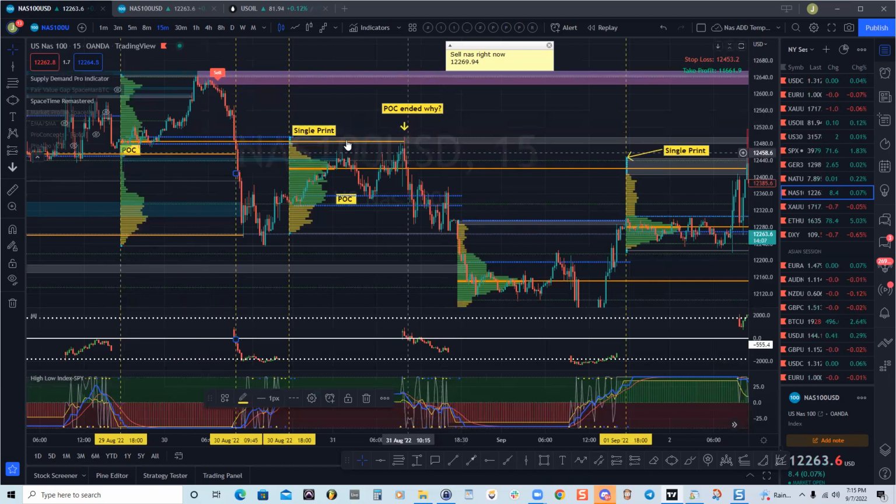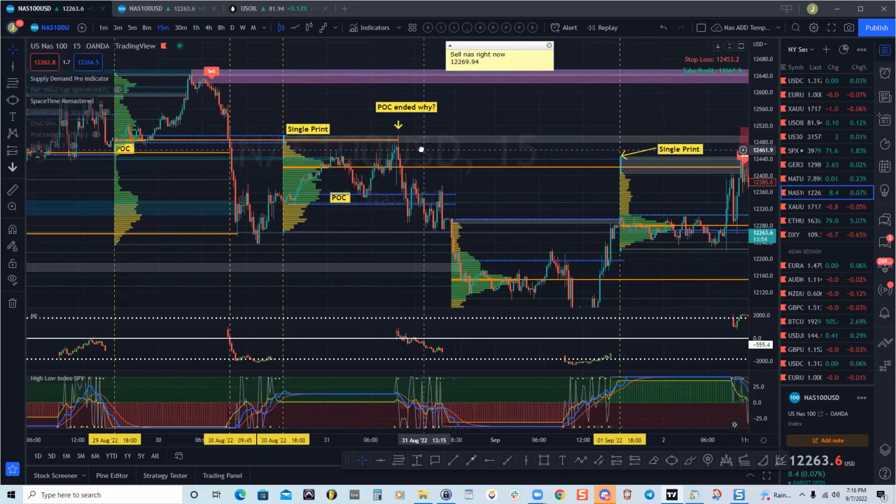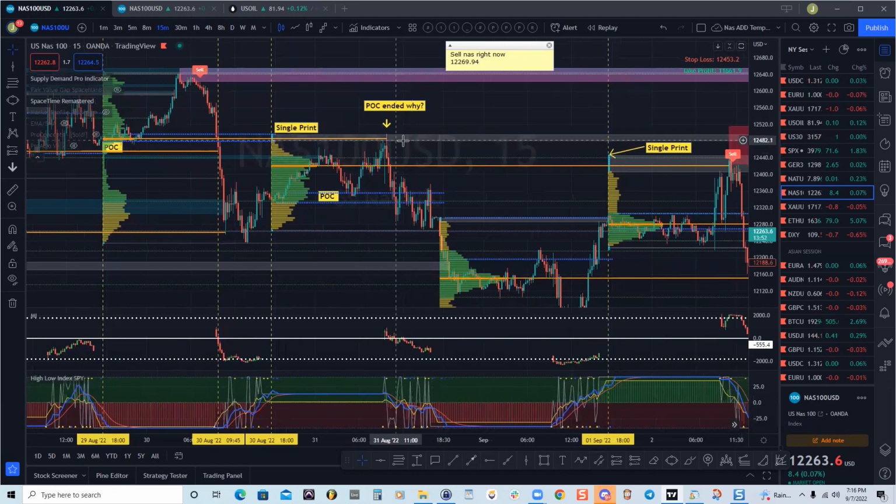So there's a lot of things going on here. This single print here, why is this gray box going on? It touched this area here. It touched, the PLC ended, but you see this gray box still going. Why is that? Because I think you have to count the pre-market and the market.